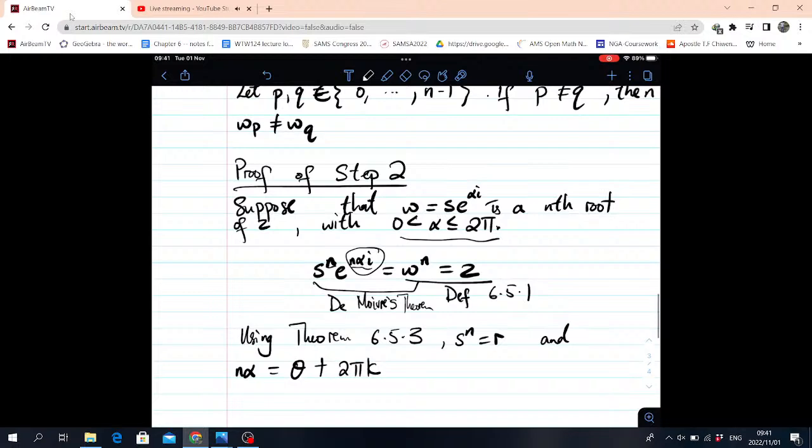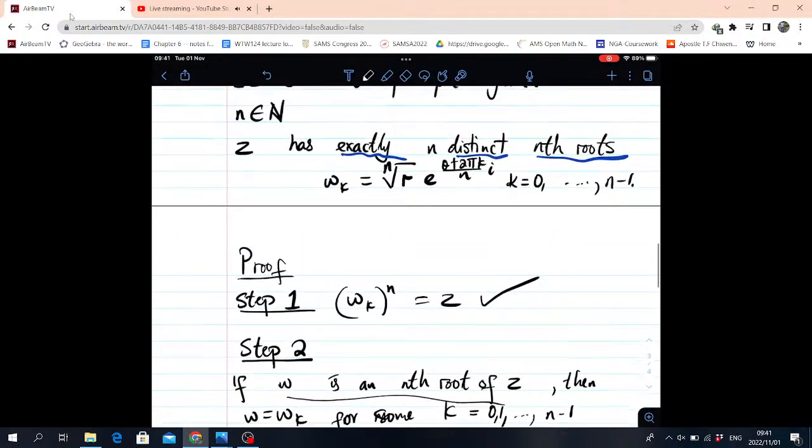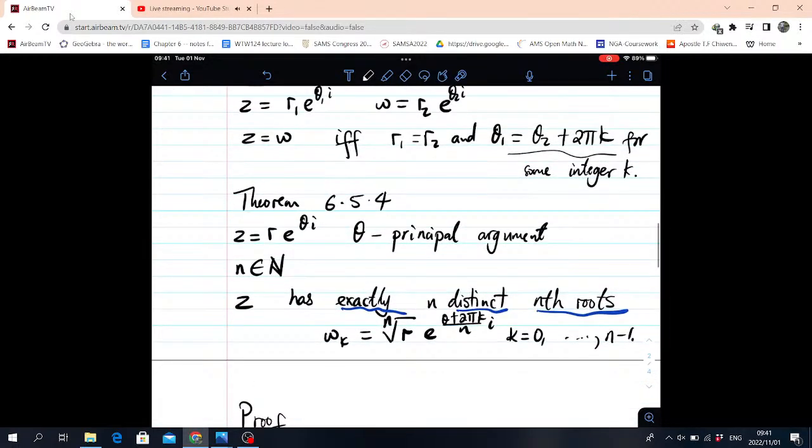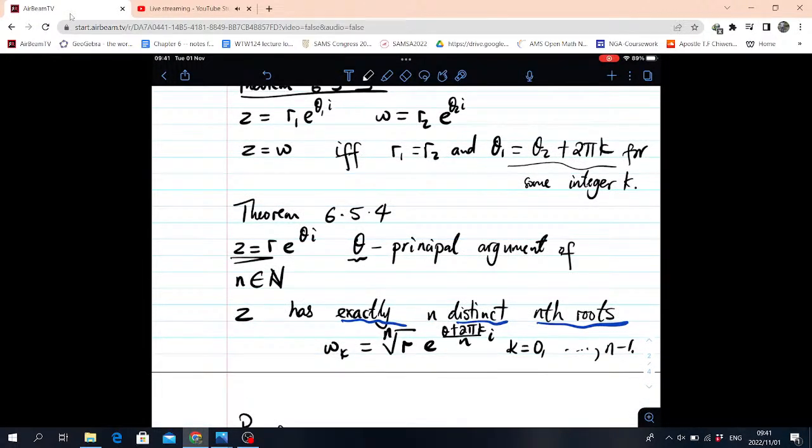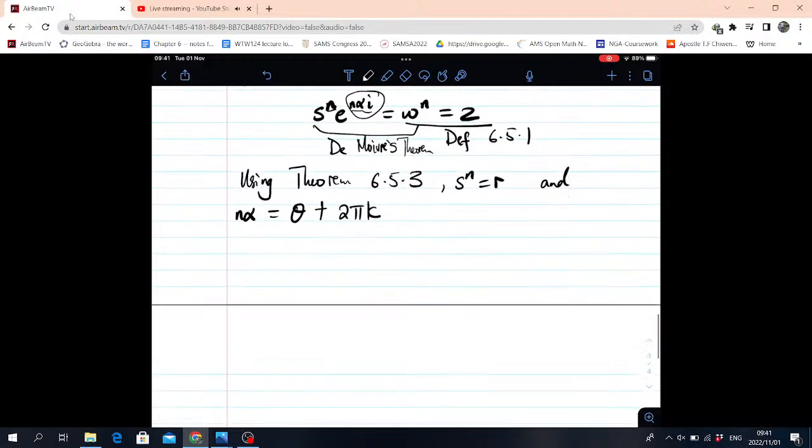Remember, what is theta? Theta is the principal argument of z, right? So we know this is what it means because we are equating z. So just to illustrate, this is r e to the theta i.